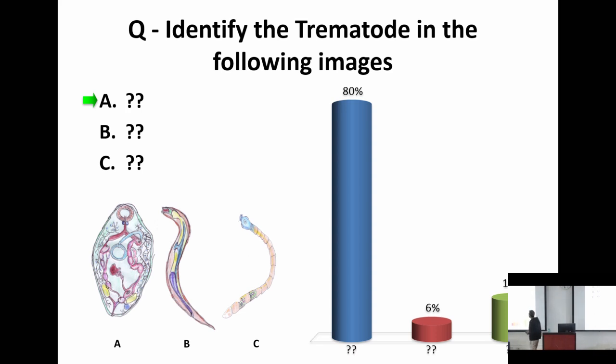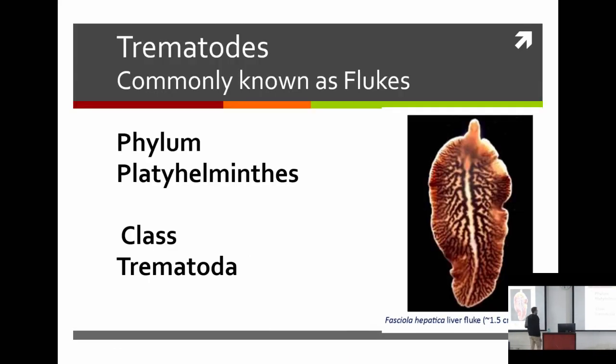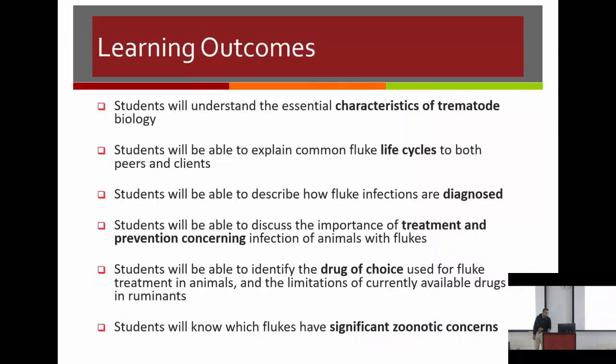Anyway, you don't need to memorize that one, but today we will cover the phylum Platyhelminthes, and the class is Trematoda. The learning outcome of these next two lectures is that you will understand the basic characteristics of trematode biology, their life cycle, and how we can diagnose these flukes.